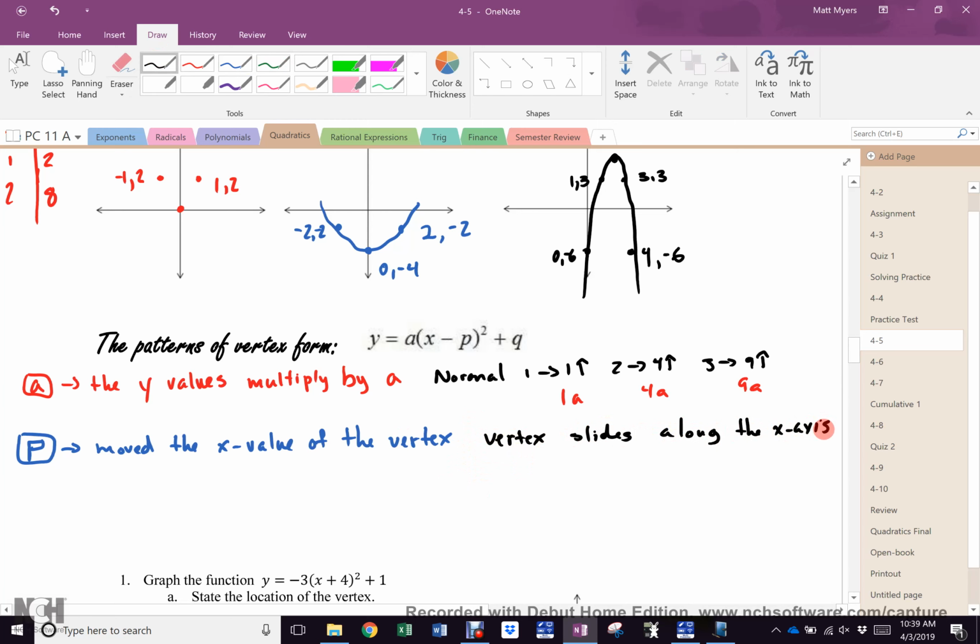And what's special that we have to remember? Opposite the sign in the equation. I am going to highlight that: opposite the sign in the equation.